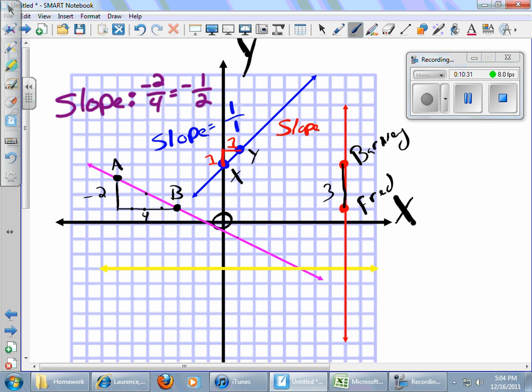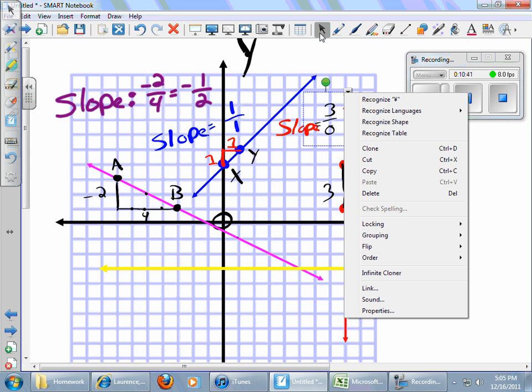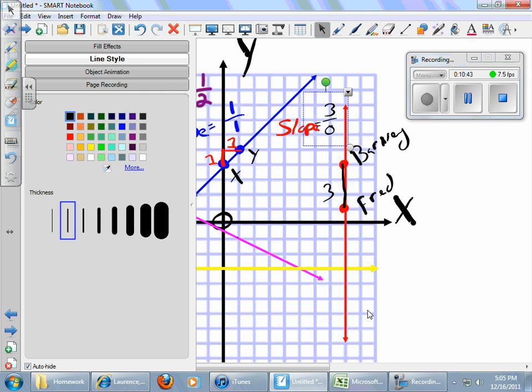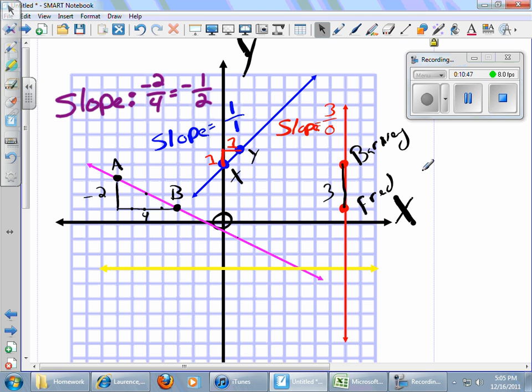So my slope is going to be 3 over 0. Okay, the slope is 3 over 0. Now, that should send off a warning bell for you, because you should know that you can never, ever, ever divide by 0. So we say that there is no slope for the red line, because it's telling us to do 3 divided by 0. And if you punch in 3 divided by 0 on a calculator, you will get an error message.